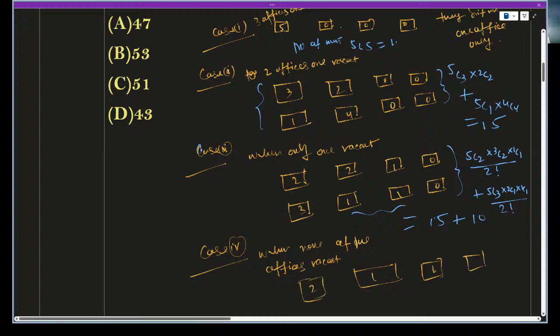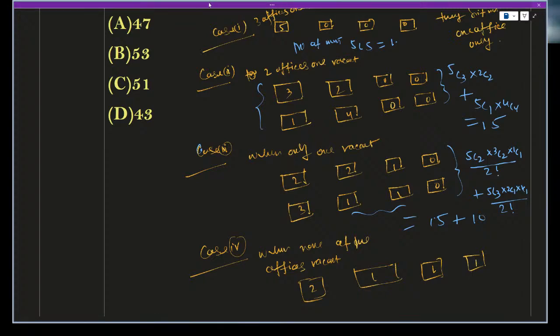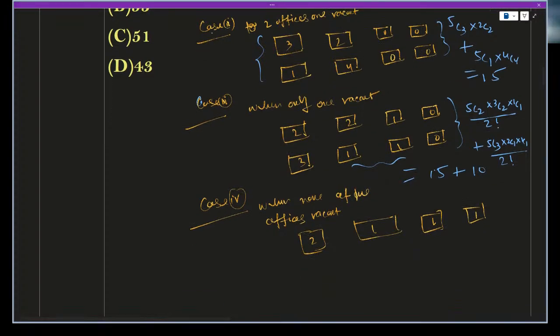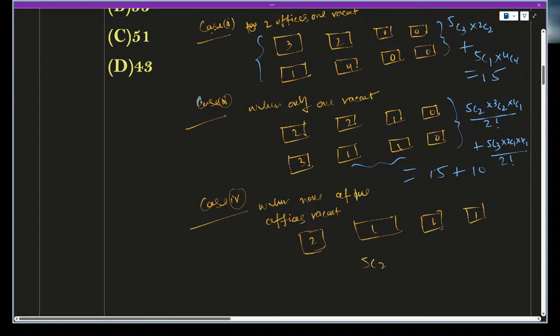Two, one. Any other possibility? No. So how many ways are possible? 5C2, 3C1, and you cannot distinguish among them. So how many cases are going to be? 10, 10. All get cancelled. Okay?